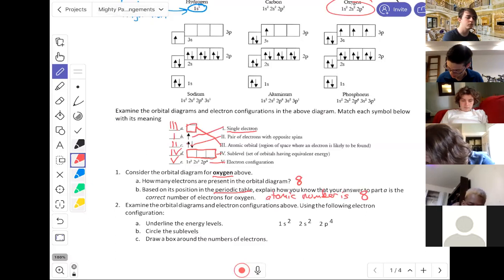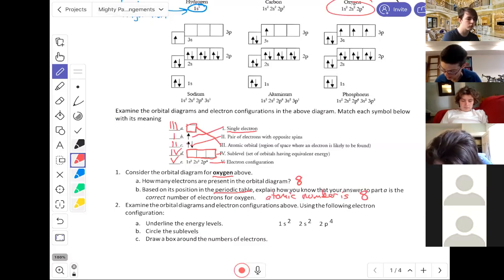Okay, so let's break down the electron configuration a little bit first. It says, using this, 1s2, 2s2, 2p4, underline the energy levels. So what should I underline in this 1s2, 2s2, 2p4? What represents energy level? The big numbers, yes, the 1 and the 2. So then what represents the sublevels?